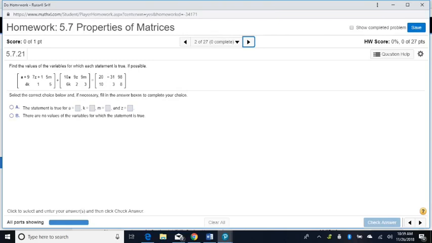Now, what we have to do, though, is see what this first one added to this second one is going to equal this third one. Well, there's our key right there. This operation symbol is between them. So just take each position. So there's an a plus 9.